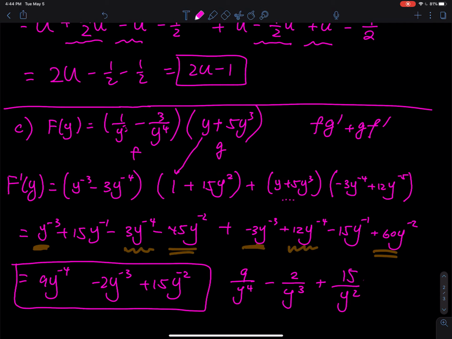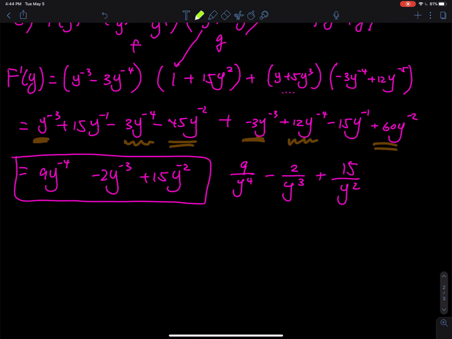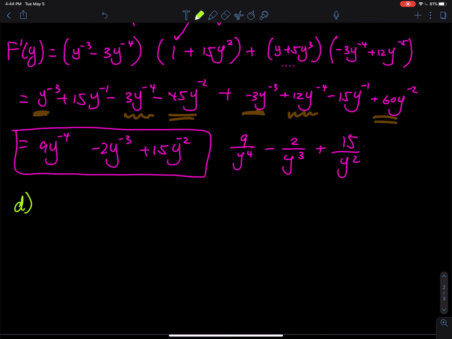Moving on to the next part. Let's change color for the next one. So the next one we have part D. So part D we have f of z equals 1 minus e to the z, and then z plus e to the z. Okay, so this is f, this is g.